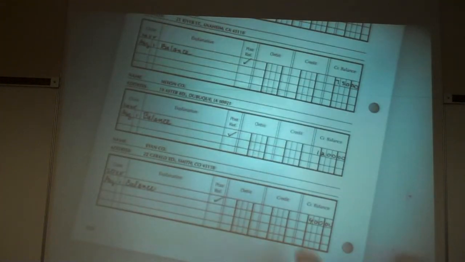We still can have terms, and when we have a term that's listed 3/10, what would that mean? 3% off if paid within the first 10 days. If we had N30 listed after the terms, what would that mean?